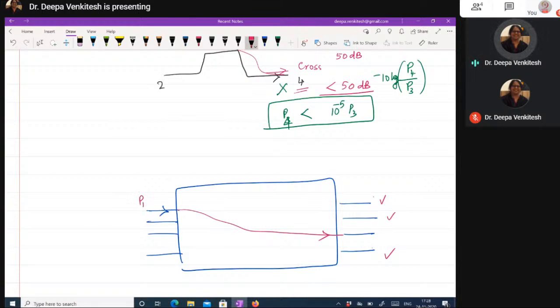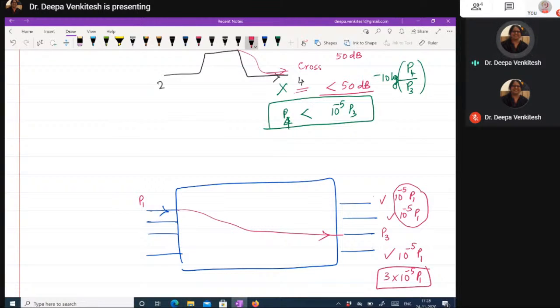If this is P1 and I want to switch to P3, I could have 10 power minus 5 times P1 appearing here, 10 power minus 5 times P1 appearing here, and 10 power minus 5 times P1 appearing here, right? Those are the undesired outputs, which means I have 3 times 10 power minus 5 P1 power leaking into the other 3 ports.